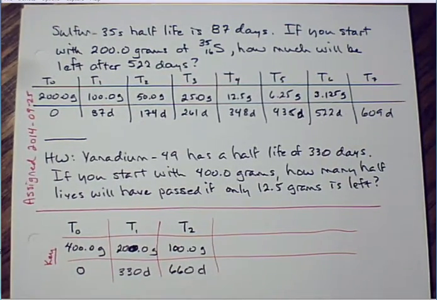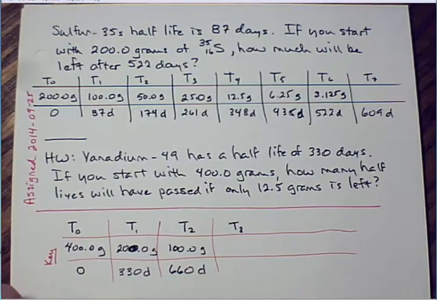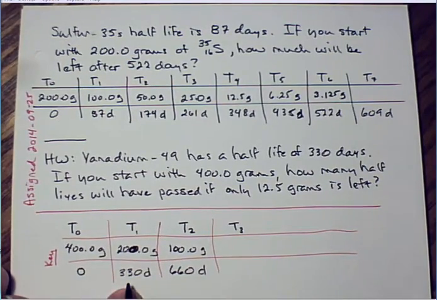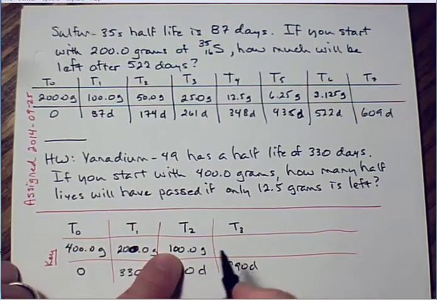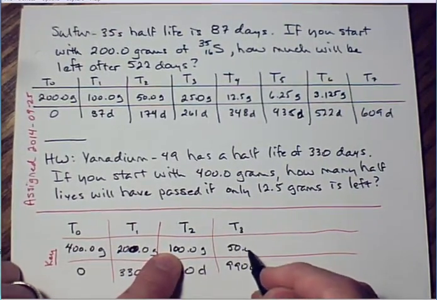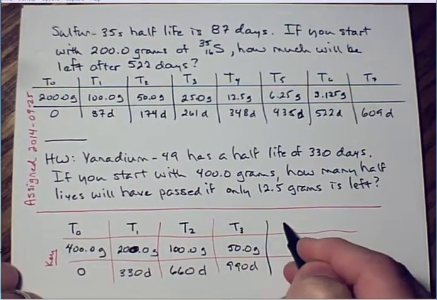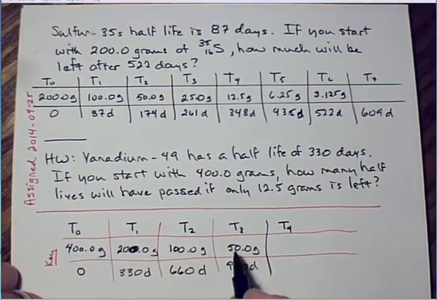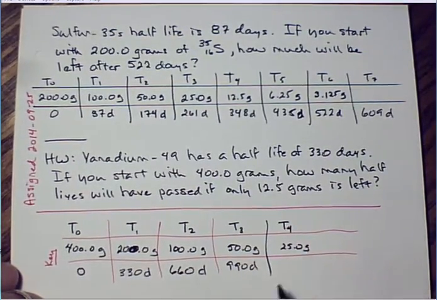Then for the third half-life, T3, that's 660 plus 330 days. So another 330 days will have passed. That's 990 days. Half of this goes away, and that's 50.0 grams. Then T sub 4. Half of this goes away. That's 25.0 grams, and that's another 330 days.